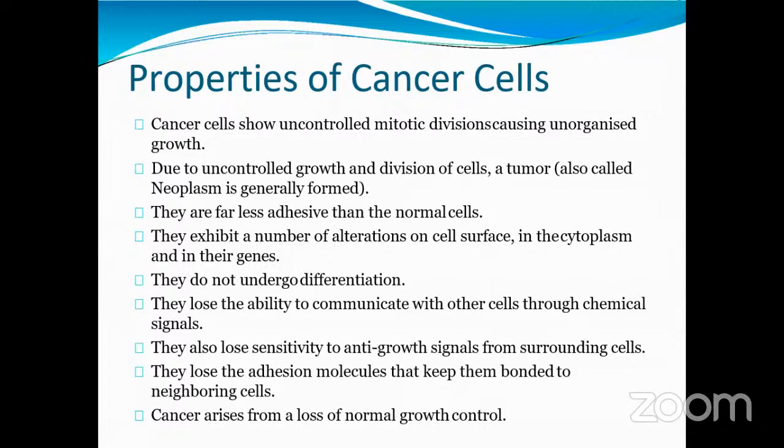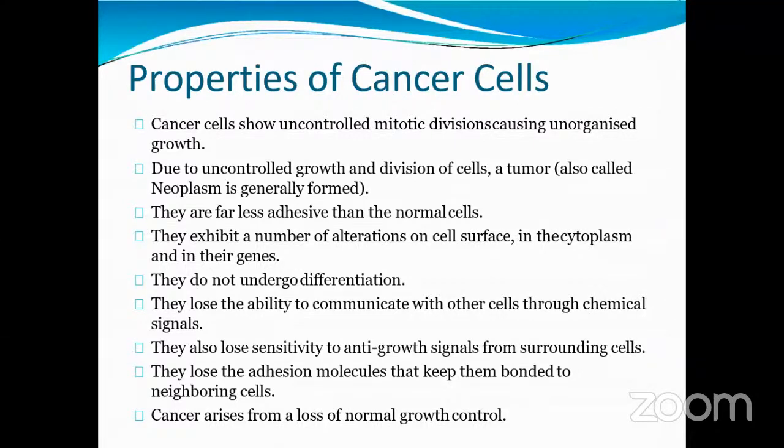Due to uncontrolled growth and division of cells, a tumor is also called a neoplasm. They are far less adhesive than normal cells. They usually try to move from one place to another. They exhibit a number of alterations on the cell surface, in the cytoplasm and in the genes. That is nothing but mutations or transformations, in the cell surface, cytoplasm and the genetic composition also.